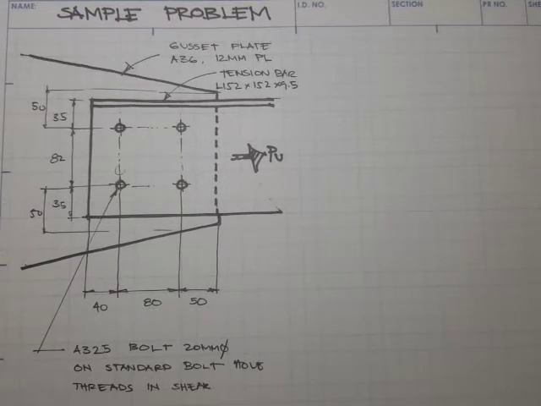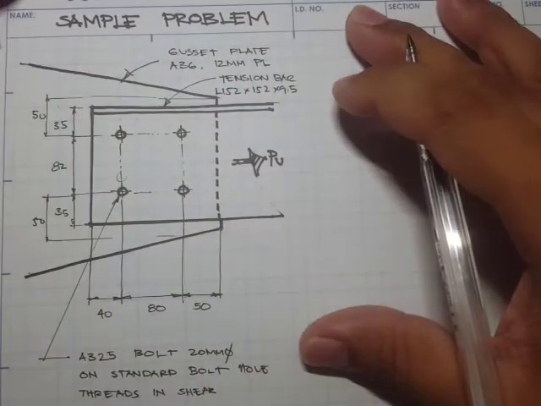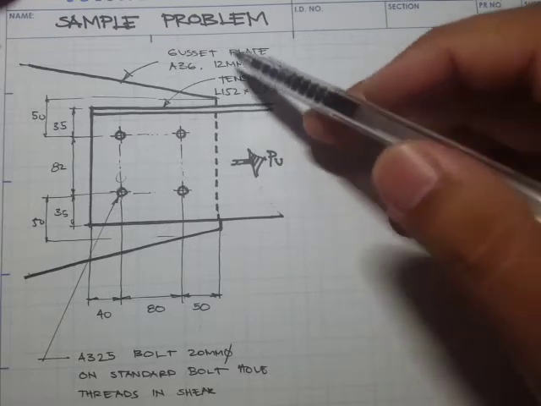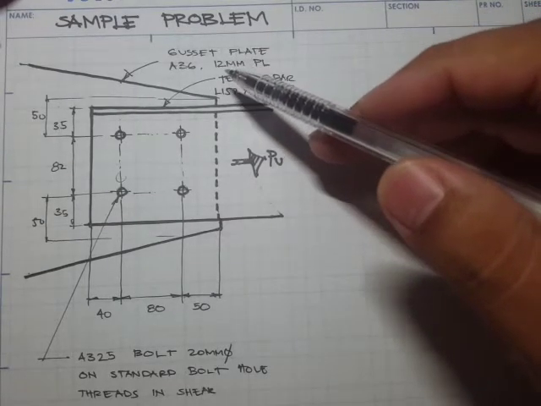Now we'll be doing a sample problem for the bolted connection topic. The problem here is shown in this figure. We have a bar that's connected to a gusset plate in a bolted connection.